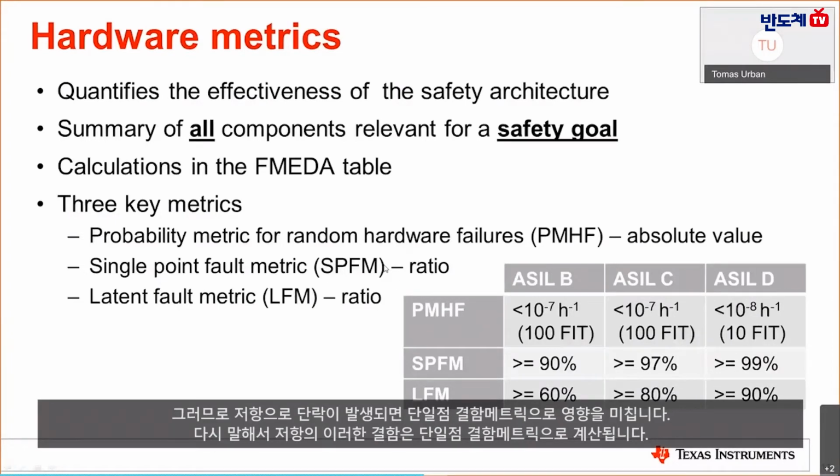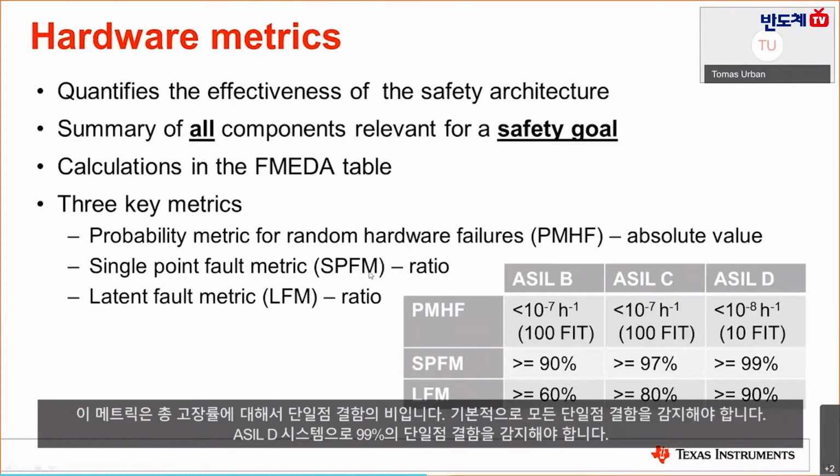That means the failure rate of that kind of resistor counts in the single point fault metric. This is a ratio of the single point faults over the total failure rate. So you need to detect all the single point faults, or 99% of single point faults need to be detected for an ASIL system.